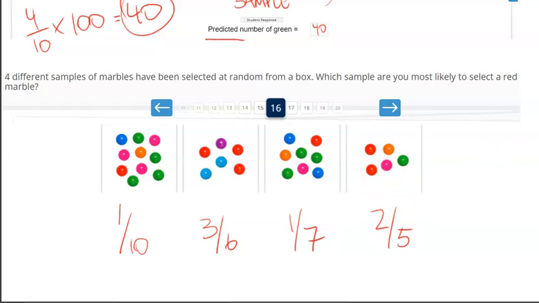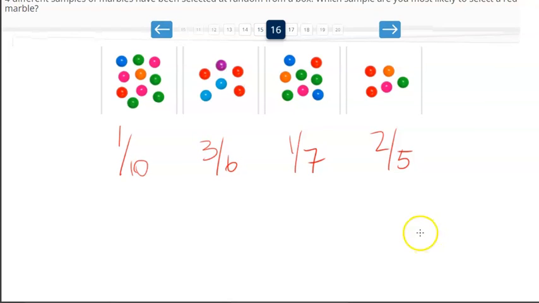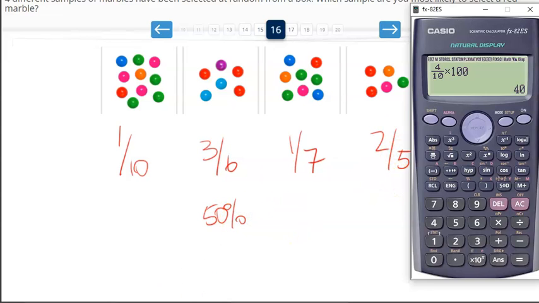Now, don't look at the fraction itself to determine if the numbers are big or small, because you see, oh, there's a 10 here, so this must be the bigger one, so there's a bigger chance. Not necessarily the case. To make sure you know how to tackle this, you need to convert these into percentages. 3/6 is pretty easy, because this is 50%. The rest, all you need to do is work on the previous skill.